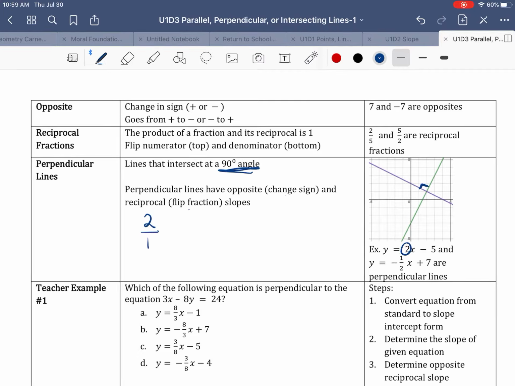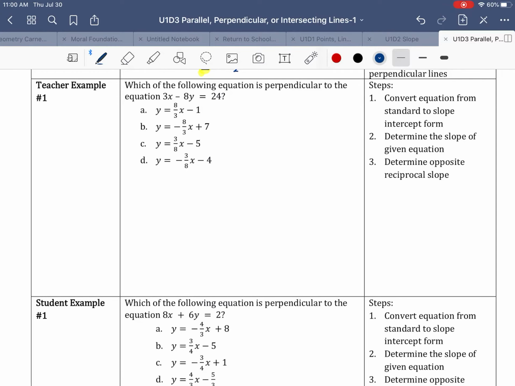So if we start off with a slope of 2, if we change the sign, you'll have negative 2 over 1, and then if you flip the fraction, you get a negative 1/2, right? So here, if you have a slope that is 2, the perpendicular slope is negative 1/2. And you'll see this little symbol right here means perpendicular.